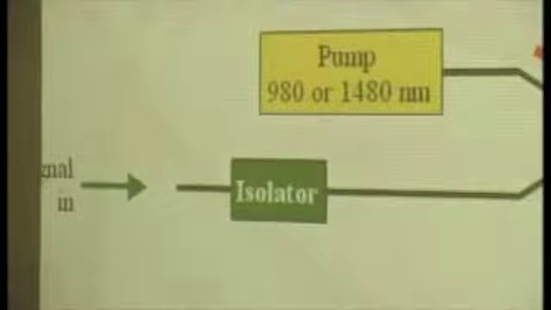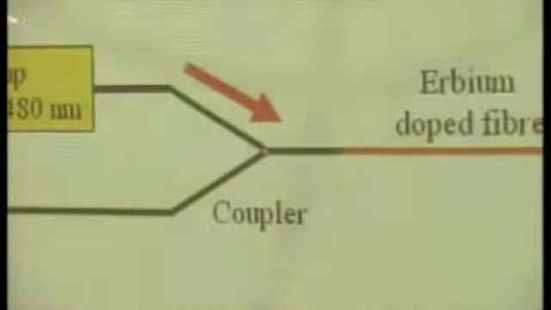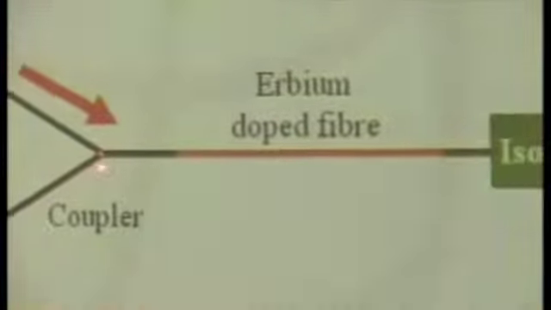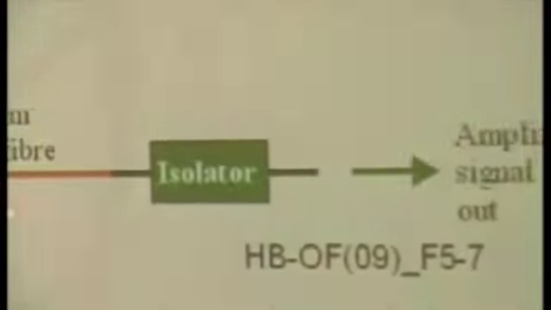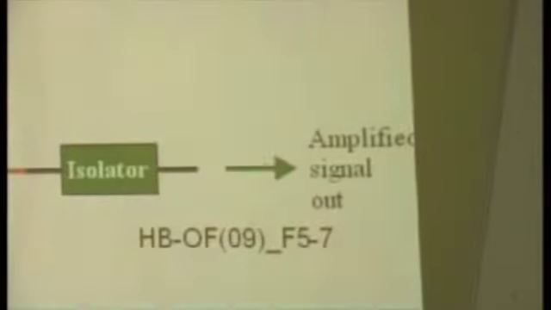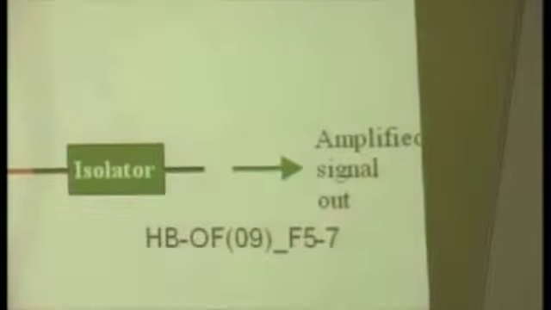The coupler couples the pump power with the signal power. The signal comes in from here, goes through this erbium doped fiber, and goes out through this port. Then we add the high power output from the pump laser to the erbium doped fiber. This erbium doped fiber acts as an amplifier and amplifies the optical signal.